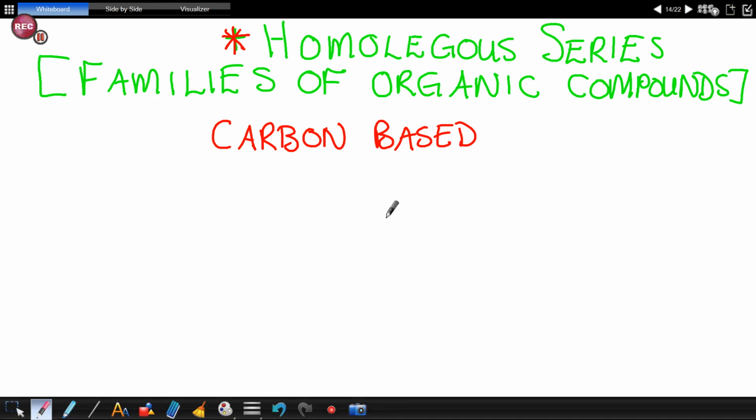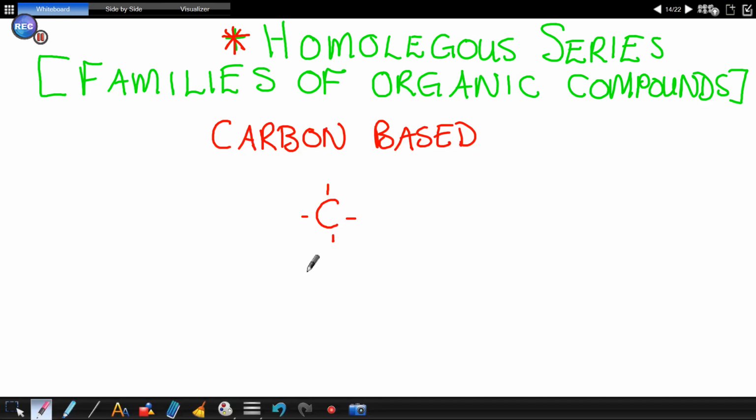And the second one is hydrogen. The property of carbon is that carbon can form 4 equally strong covalent bonds. Okay? Carbon forms 4 bonds.